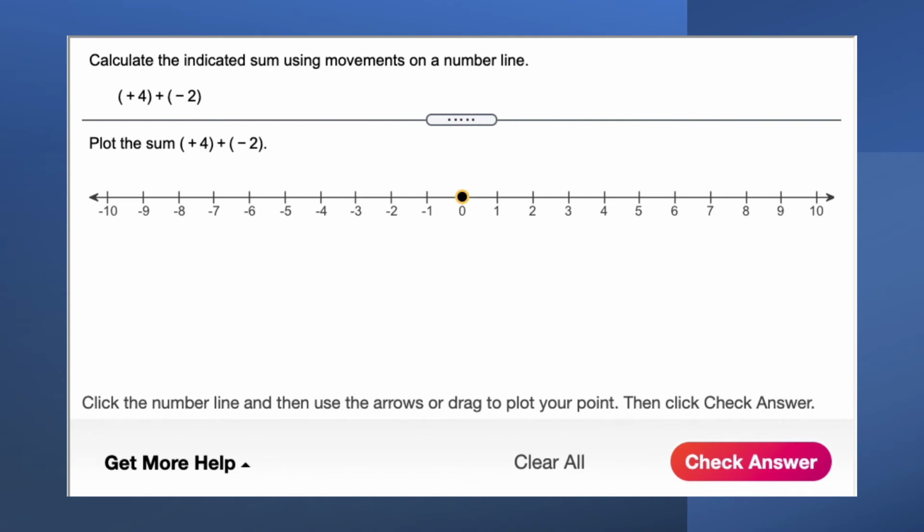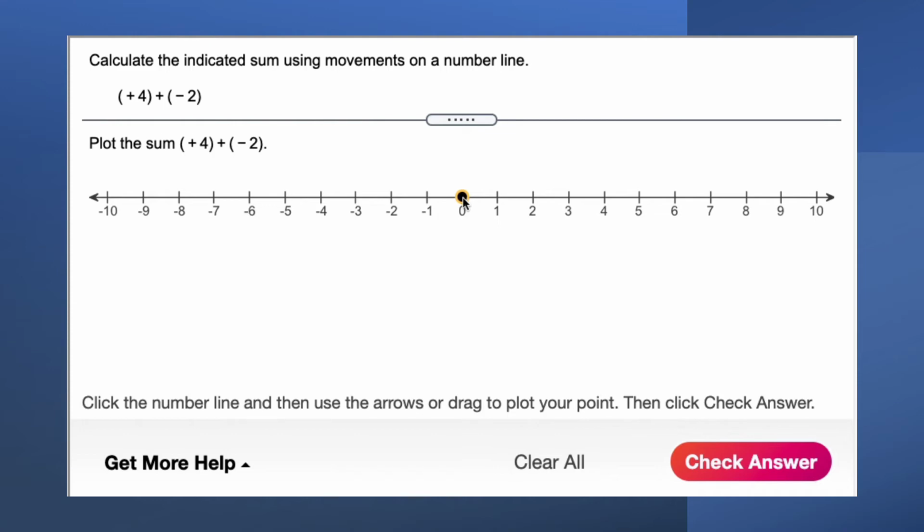When we go to MyMathLab, we'll be asked to plot the sum on a number line. So you can use this number line to also calculate the answer to this problem. To do this, you'll click and drag the dot on the 0 mark. So first we want to move 4 spaces to the right.